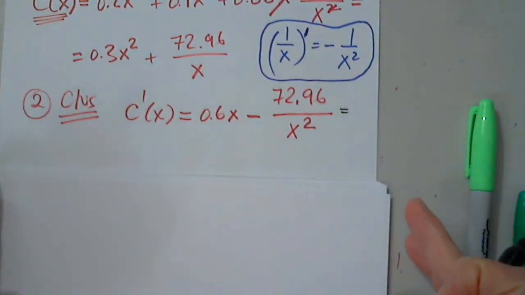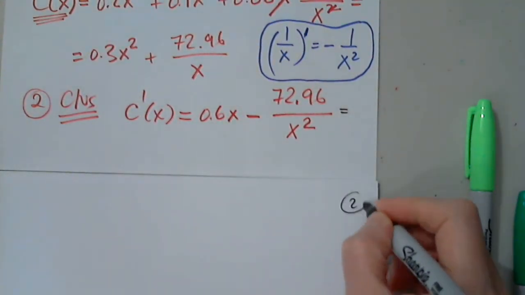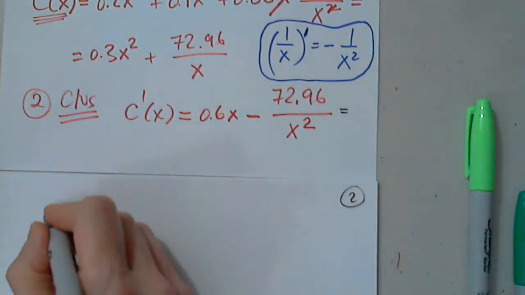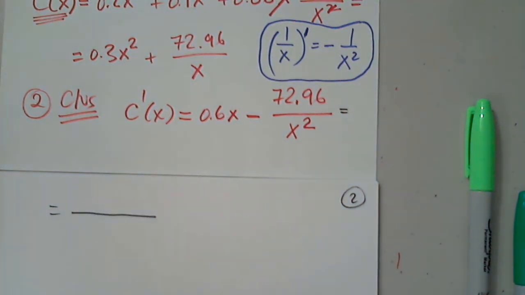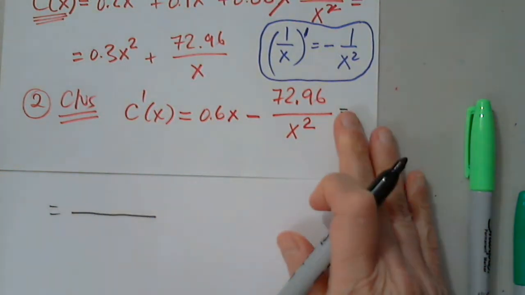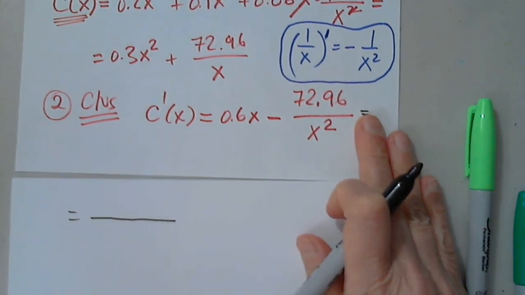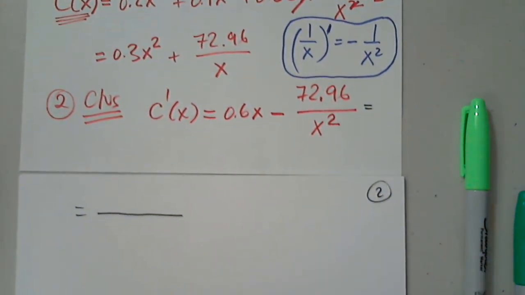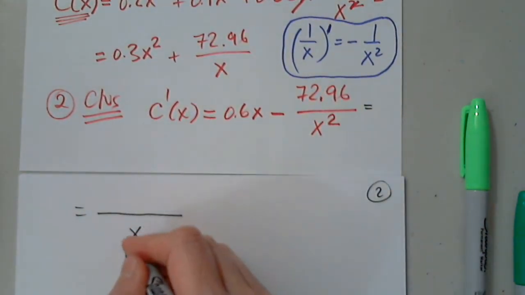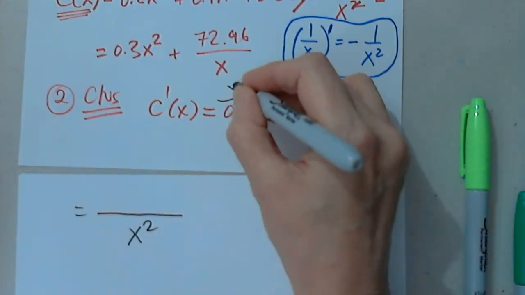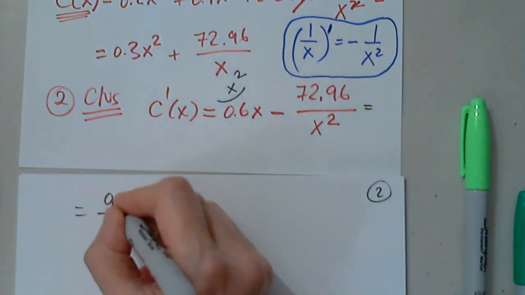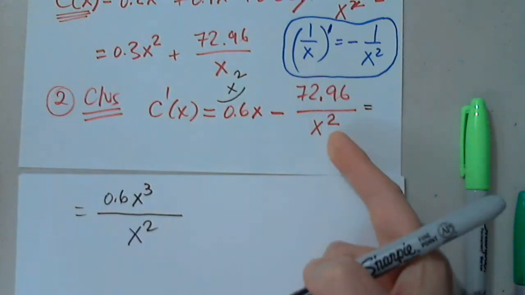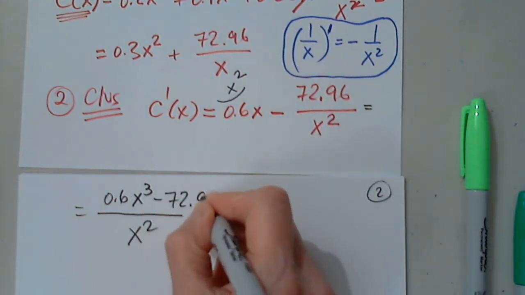What is the least common denominator? x squared. Good. So then I need to multiply this by x squared. So 0.6x cubed minus 72.96.